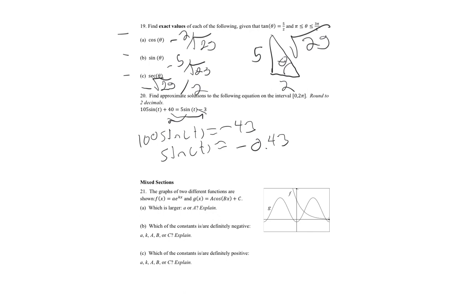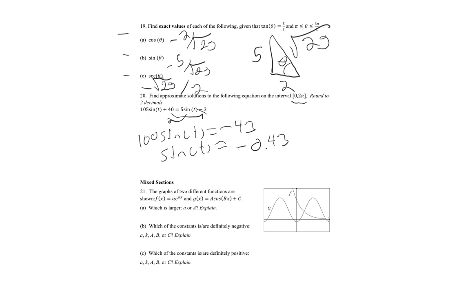We're going to make some observations, and then we're going to use our calculator. Sine of t being negative tells us that we're either in the third or fourth quadrant. Because I'm in 0 to 2 pi, there's a solution in the third quadrant, and there's a solution in the fourth quadrant.